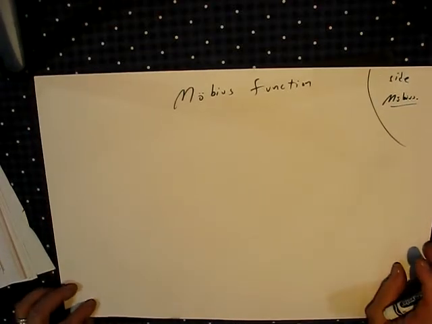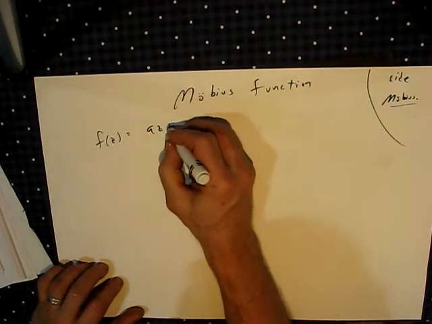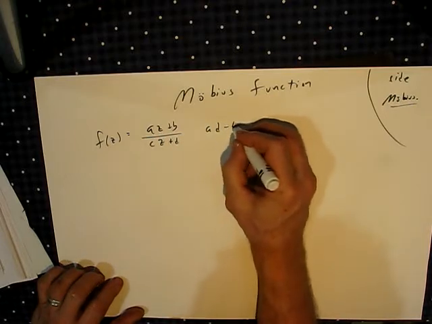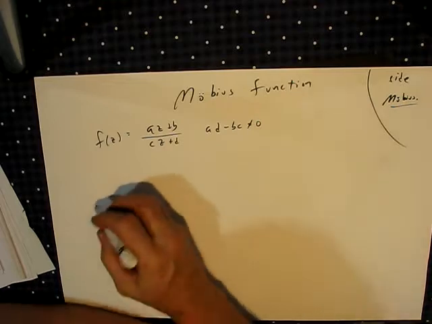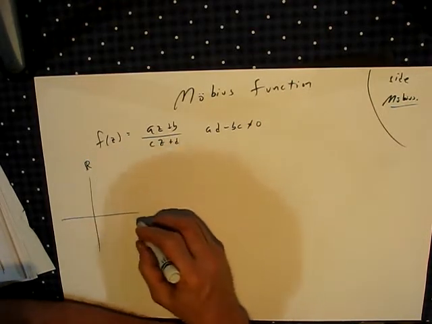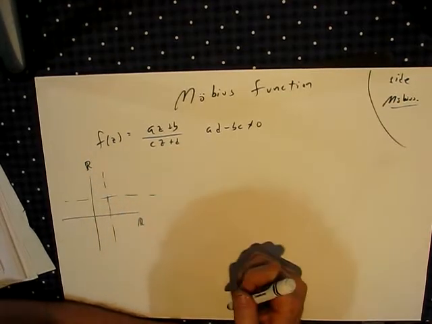All right, now the Möbius functions look like this. F of z equals az plus b over cz plus d, and we want to make sure that ad minus bc is not 0. Now, if we had lived in the real world back in the day, where we had the real cross the real, we would know what these functions would look like.